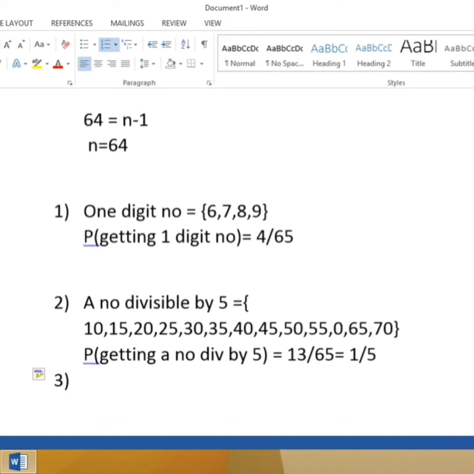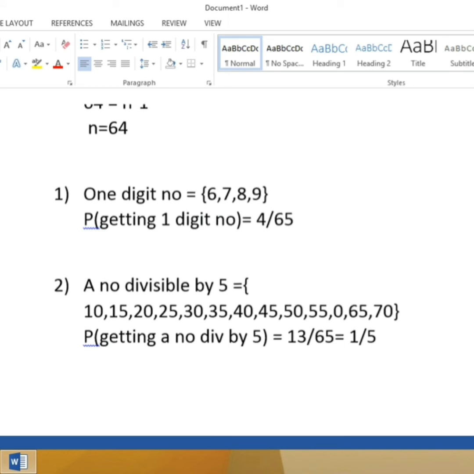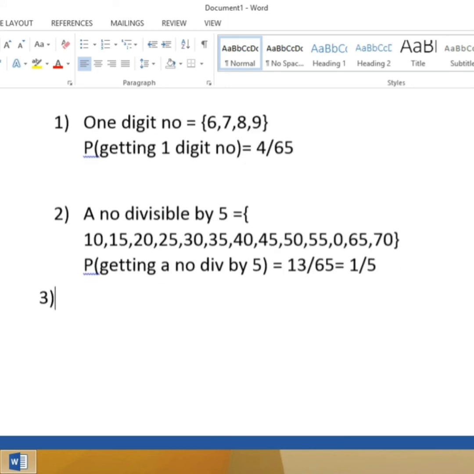Next, the third part of the question: odd numbers less than 30. Odd numbers start from 7 here, since the starting list is 6.